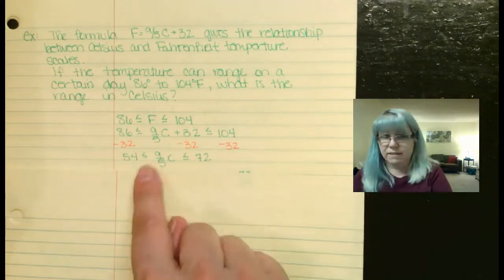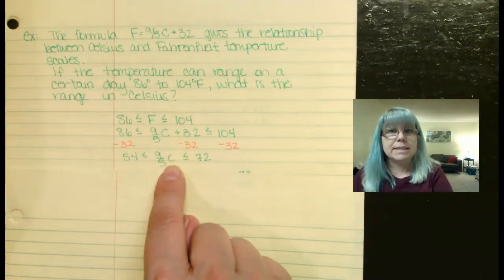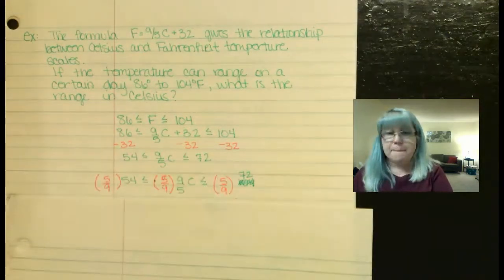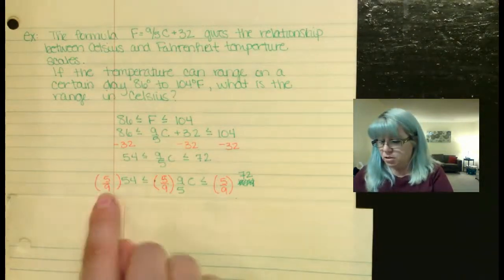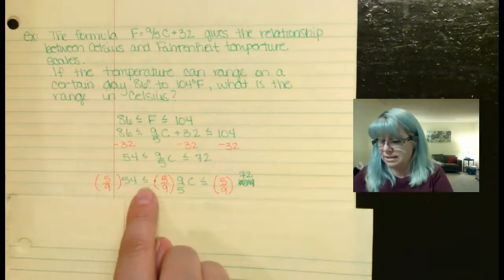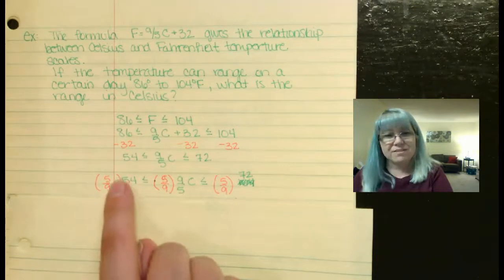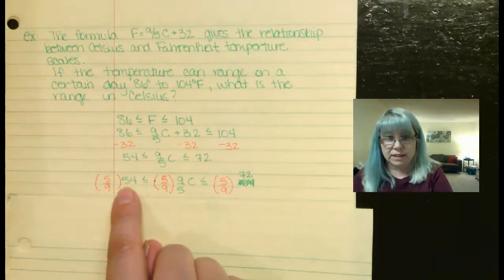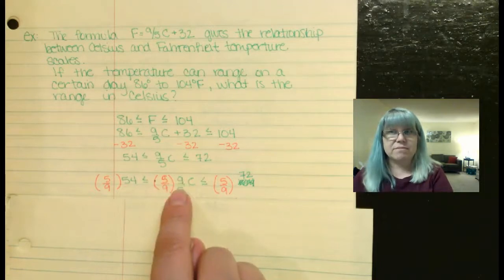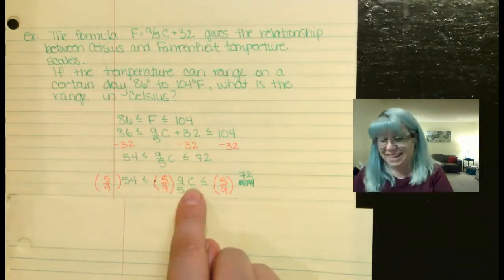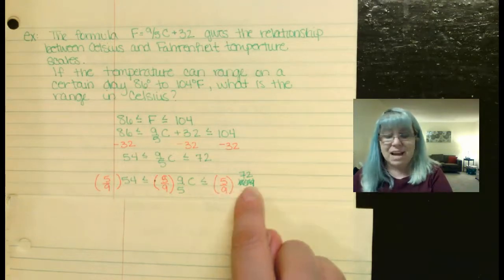I don't want to know what 9/5 C are, I want to know what C is, so I'm going to multiply by the reciprocal. But not just to the middle one, to left and right and middle. So 5/9 times 54 for the left is less than or equal to 5/9 times 9/5 C for the middle, less than or equal to 5/9 times 72.